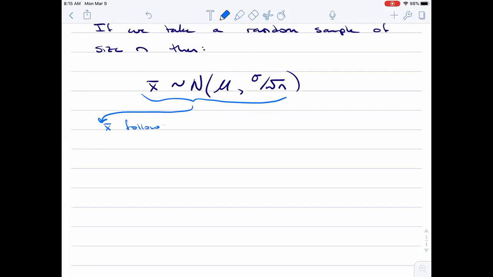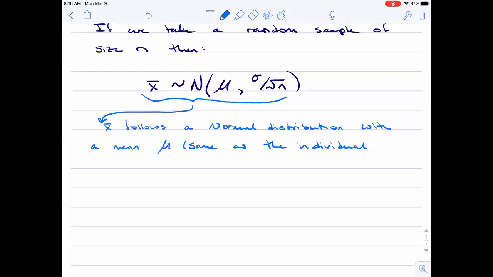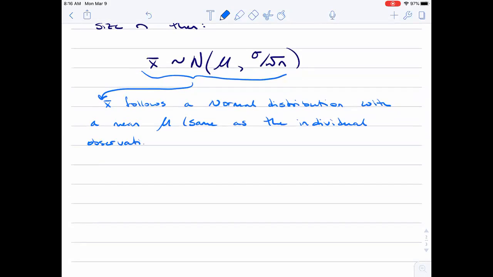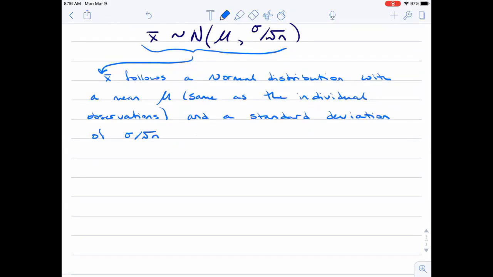X bar follows a normal distribution with a mean mu, and I'll just put in brackets here, that's the same as the individual observations, and a standard deviation of sigma over the square root of n.